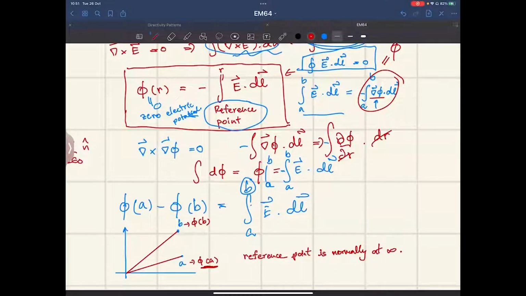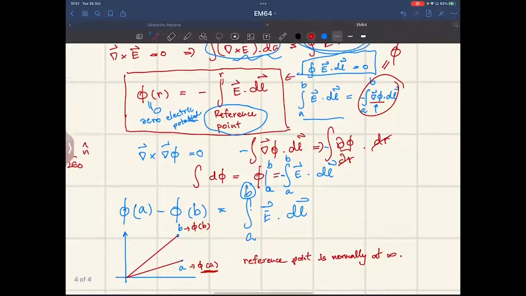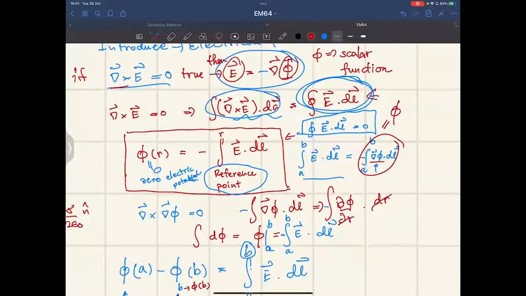If you think about the electric field being equal to 1/4 pi epsilon naught Q divided by R squared, the further you go, the lower your electric field. If you want to have 0 electric field, when you have 0 electric field, you have 0 phi. You have to go to infinity to get that 0. Is that clear?